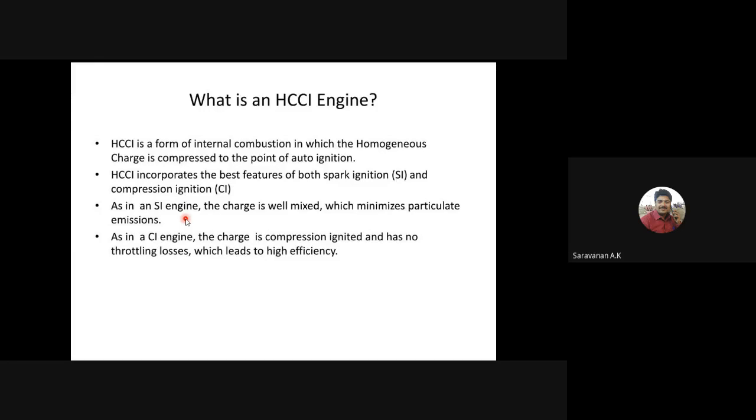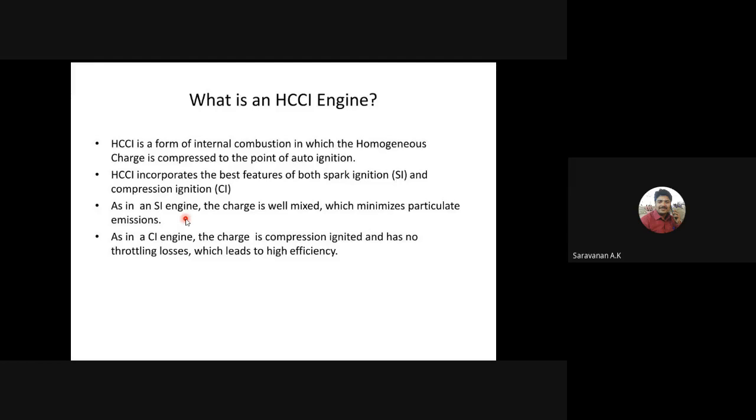The exhaust gases include carbon dioxide, hydrocarbons, NOx, the oxides of nitrogen, and particulate matter, PM. These harmful gases will be released through the exhaust to the atmosphere, so the emission pollution will be high.